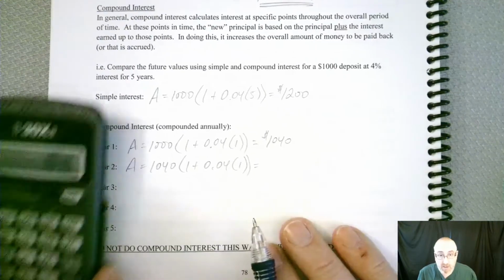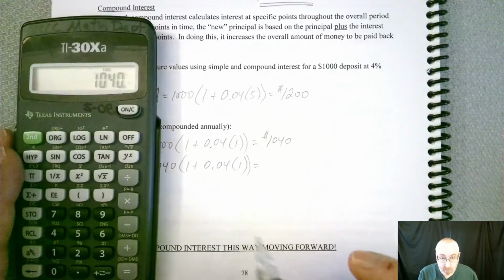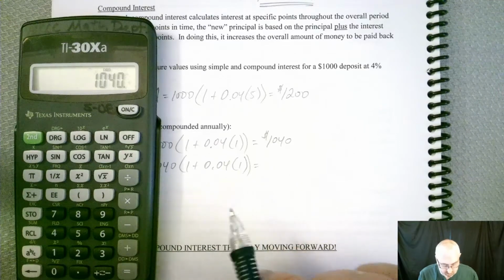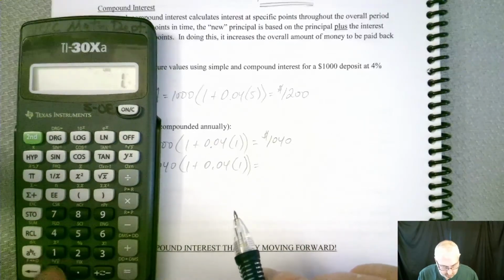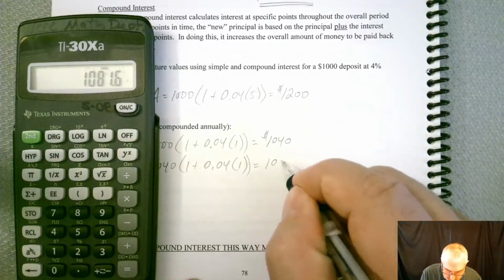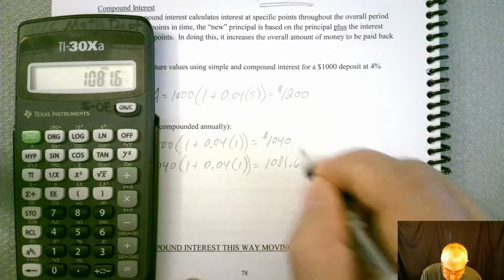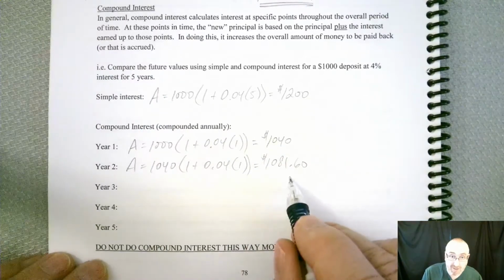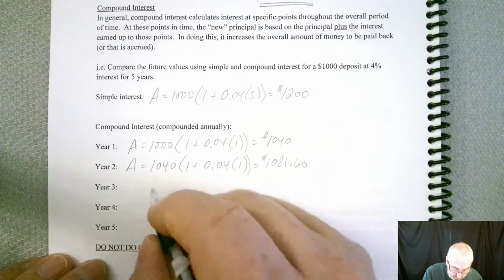So we have the 1,040 again, and then we want to multiply that by, remember this is just 1.04. So let's just times it by 1.04, and so we get $1,081.60.